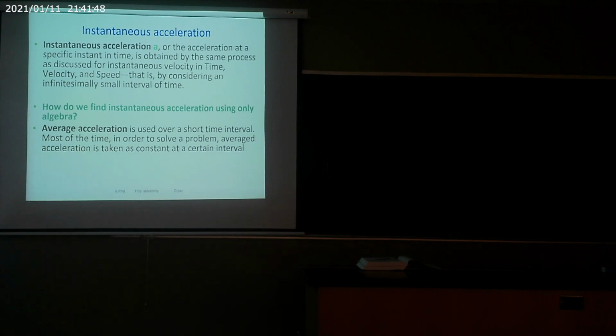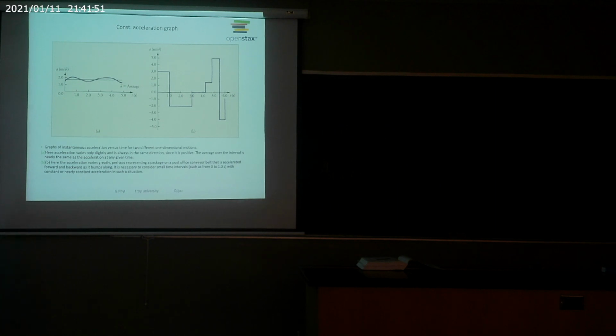What we do for the acceleration as a constant value, as you see in the first figure, is take the average acceleration. Acceleration is constantly changing. It increases, it decreases, it becomes negative, it's changing continuously. So when it goes up and down, the average acceleration is somewhere in the middle, about 1.7 meters per second squared. So over the short interval, we can take the average acceleration as a constant value.